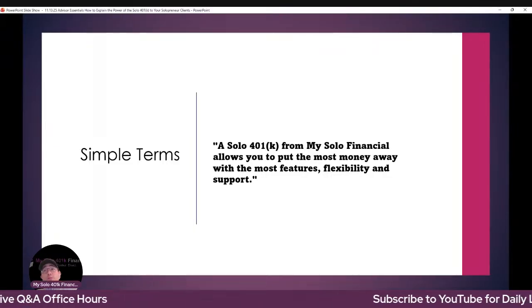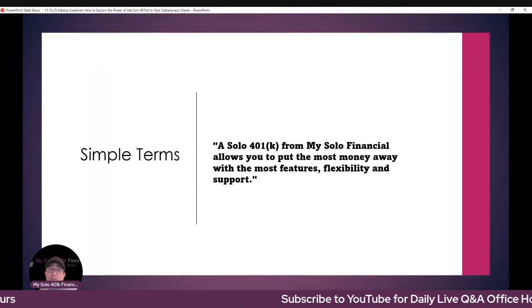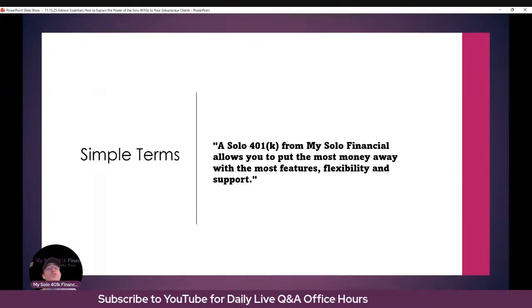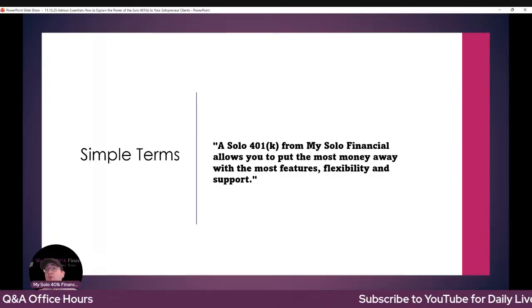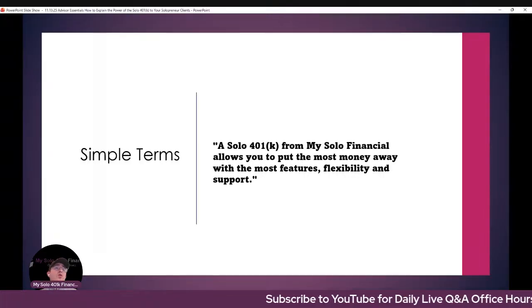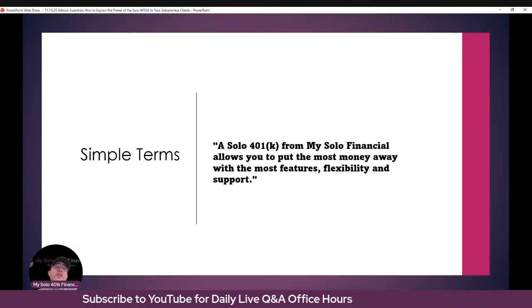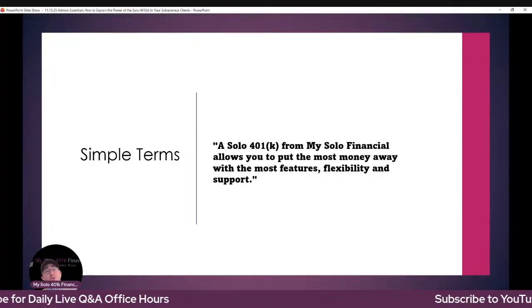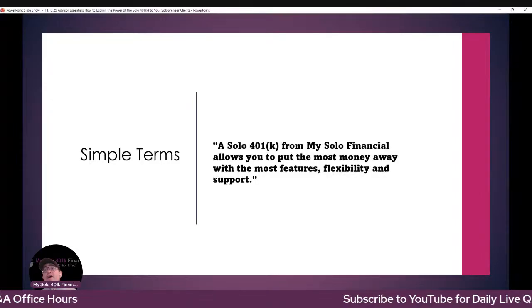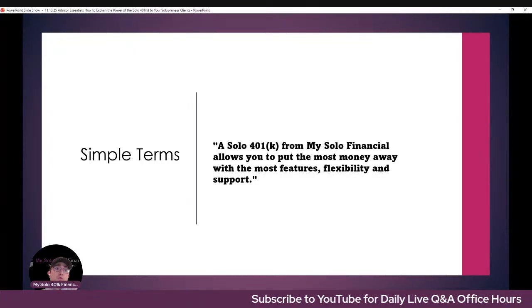But if they want to access the advanced features, like at least some of the ones that we're going to discuss today, you need to have documents that support and allow those features. So a solo 401k plan from my solo 401k Financial ultimately allows the client to put the most money away with the most features, the most flexibility, as well as the compliance support for that solo 401k plan.